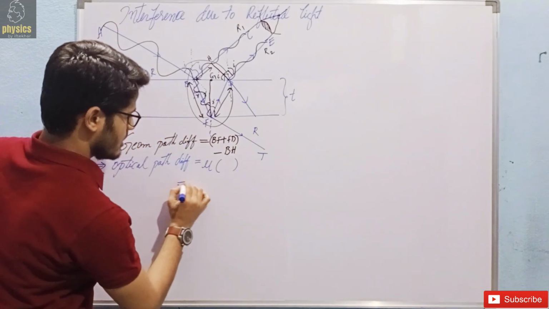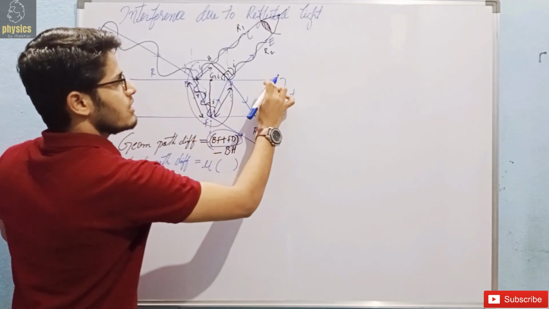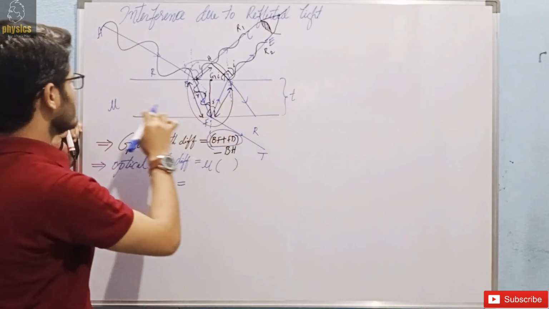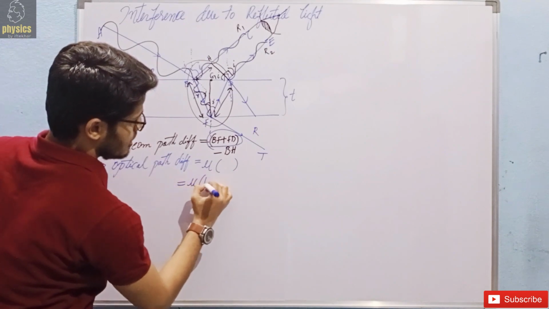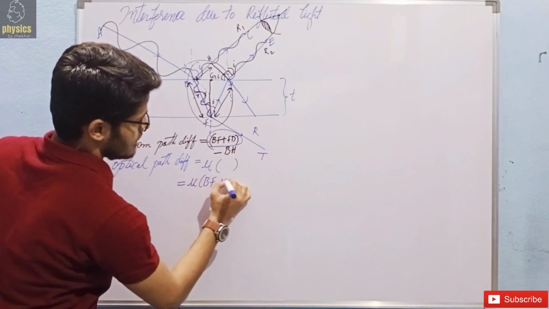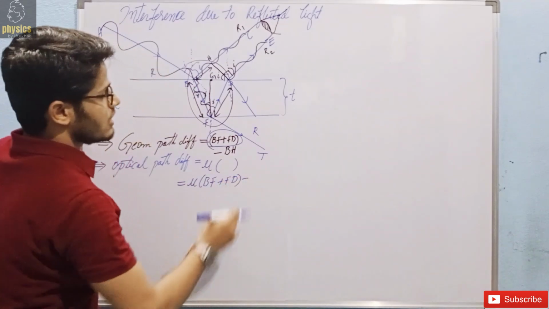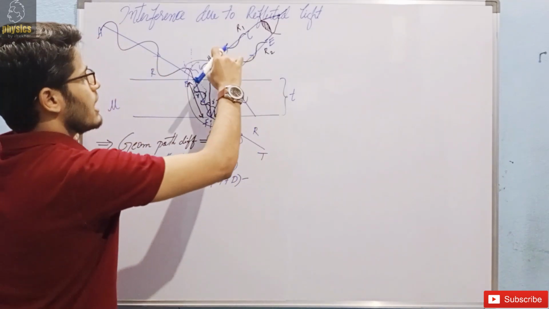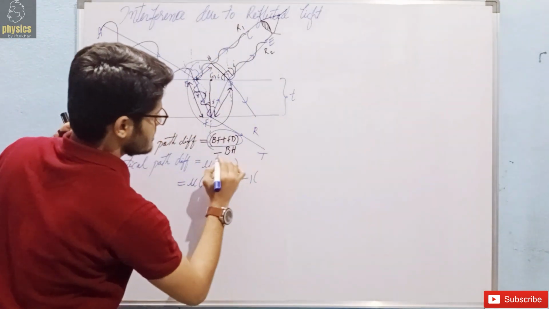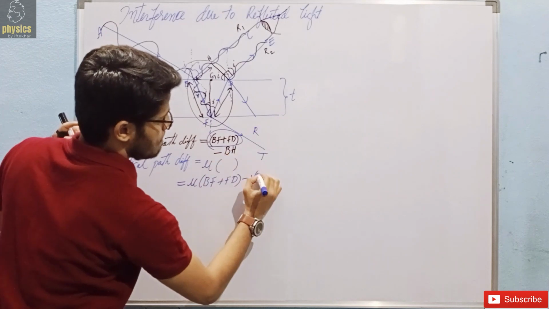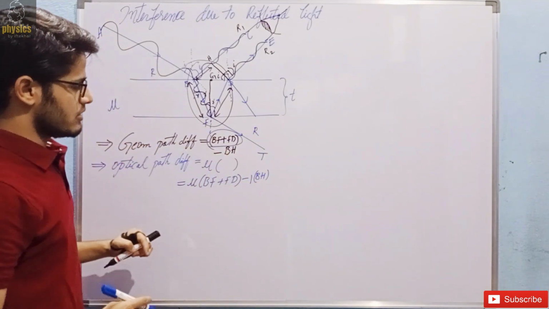This distance the light has traveled in the thin film having refractive index mu. So I have to multiply mu with BF plus FD, minus the refractive index of air, which we will take as 1, times BH. So this is the optical path difference.